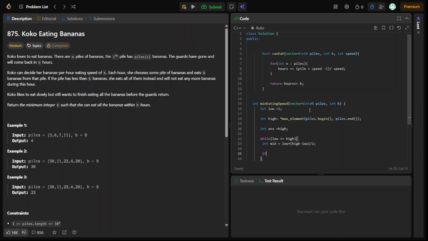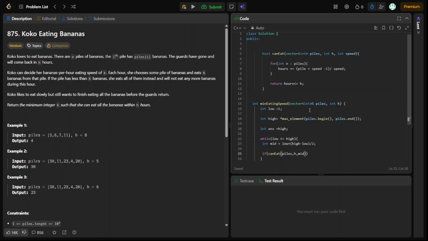And now we will use our helper function. If the hours needed for mid is less than or equal to the allowed hours, then we have to move to the left part of the binary search array, because we need the minimum number of bananas, right?